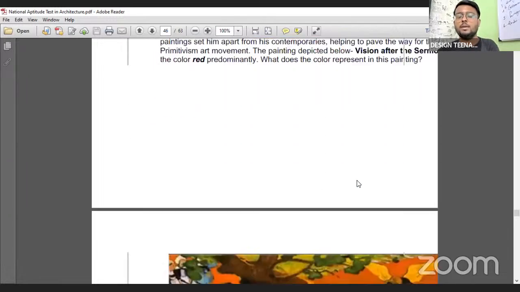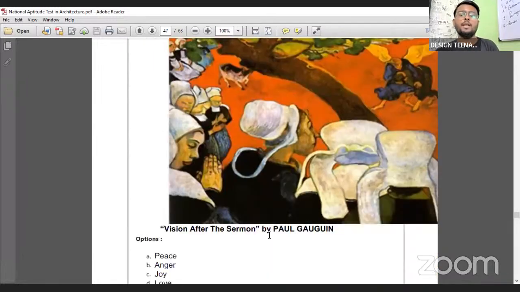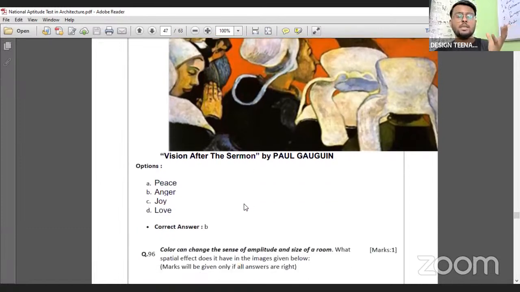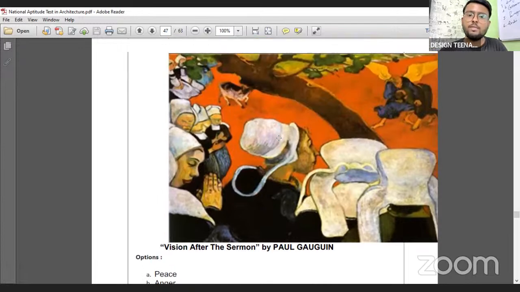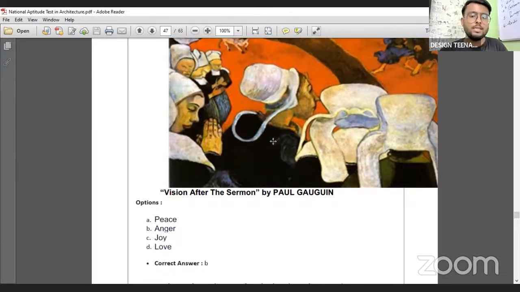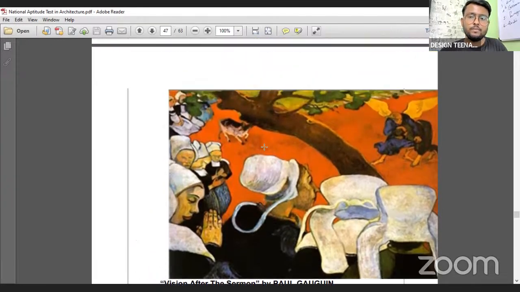What does this painting's color represent? As a whole, the color scheme, what we discussed in color theory and color psychology, the moods we get: peace, anger, joy, love. What is this giving to you? Peace, anger, joy, or love?